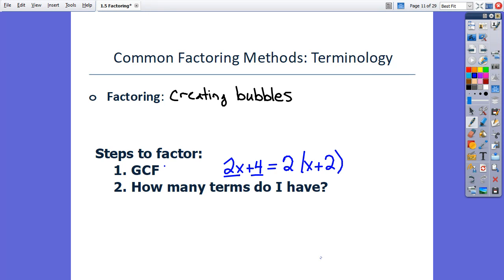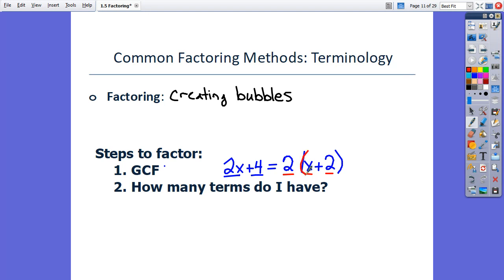Now, once we either take the GCF out or we don't, then I think a wise question is, how many terms am I dealing with? We've got to get organized in our minds because there's a lot of different ways to factor things. So GCF first, and then how many terms am I dealing with? So like here, there are 2 terms. Okay, so the GCF is out front, and then what I have is 2 terms.